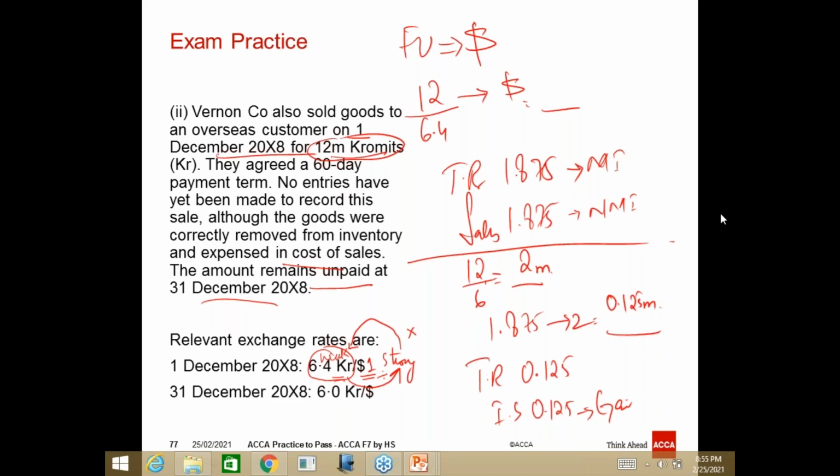It means that our currency, the dollar, is getting weaker and the chromet is getting stronger, because previously for $1 you got 6.4 chromet, but now it's only 6 chromet. So there will be a gain of 0.125.